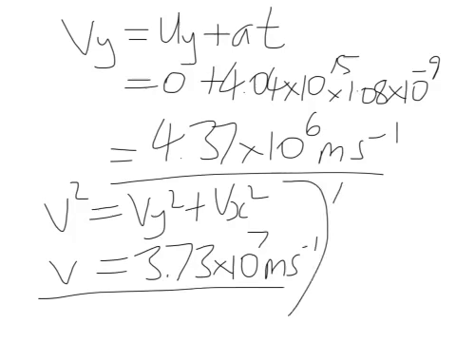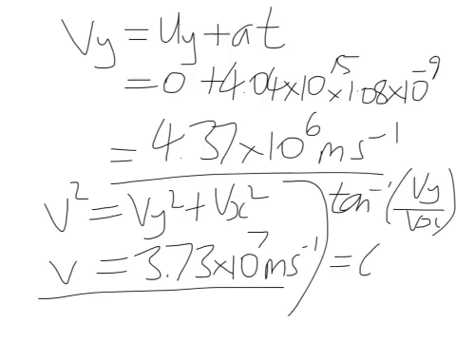And the angle, well, we use tan inverse of Vy, that'll be our opposite side, over Vx, our adjacent side, and you get 6.7 degrees for that angle above the horizontal. Just refer back to the first diagram for that.